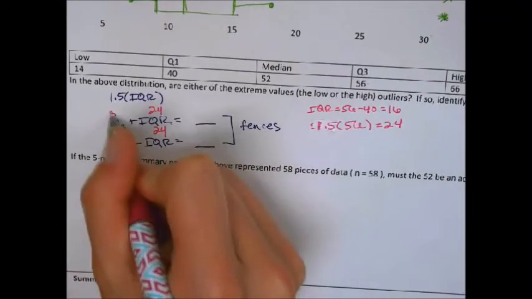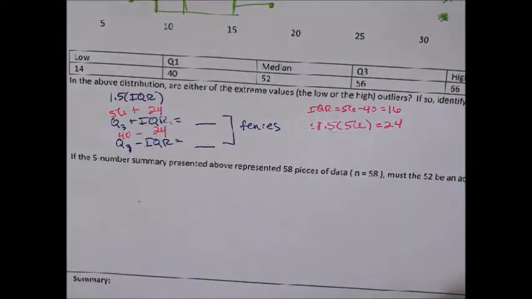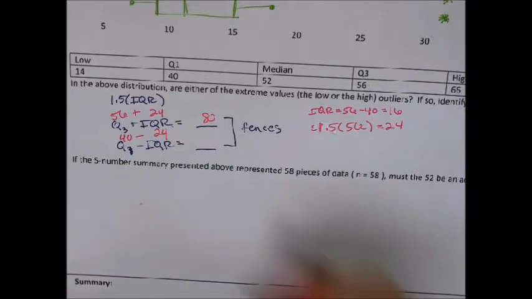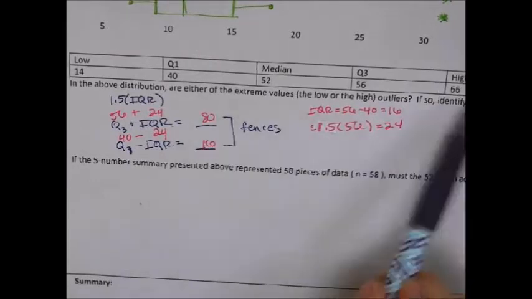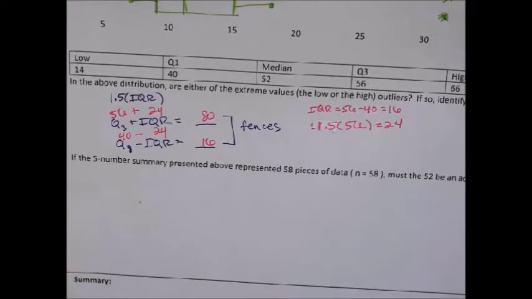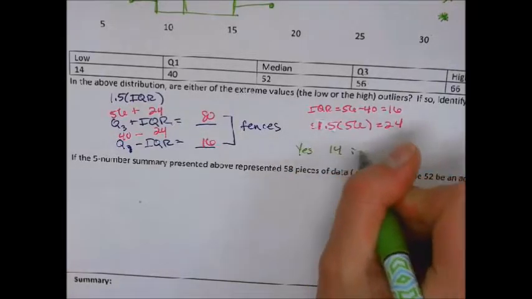Q3 is 56, so we're going to do 56 plus 24, 40 minus 24. We get 80 and 16. So these are our fences. Is our high above 80? No. Is our low below 16? Yes. So yes, 14 is an outlier.